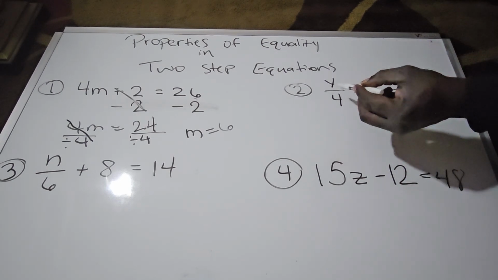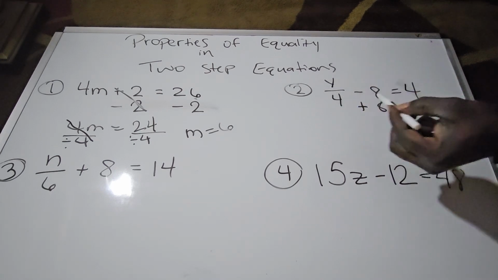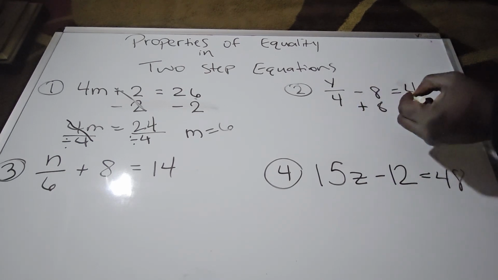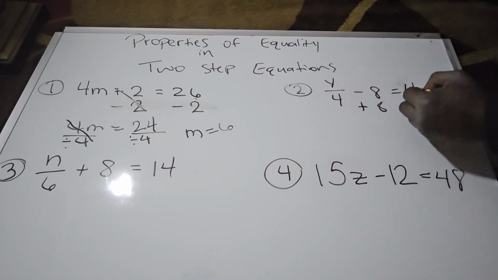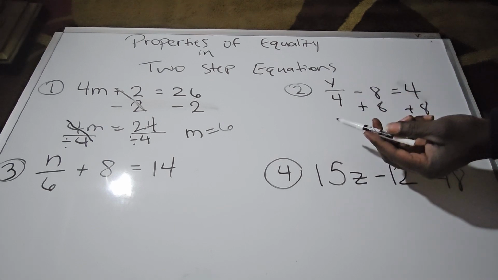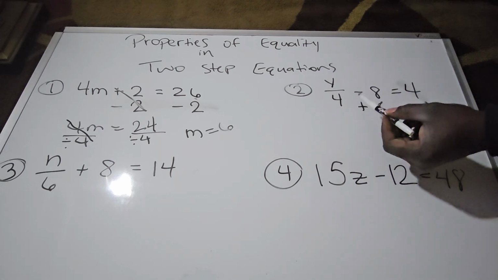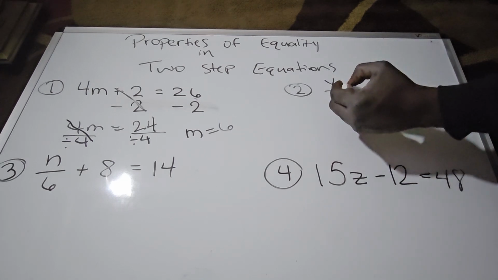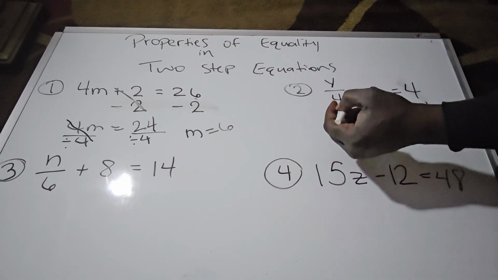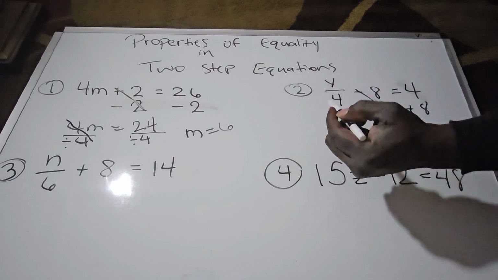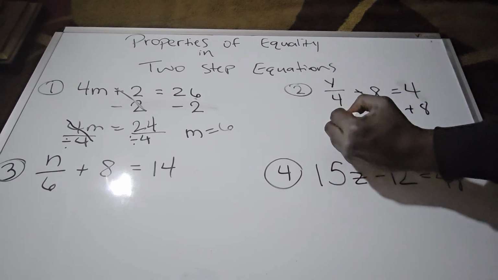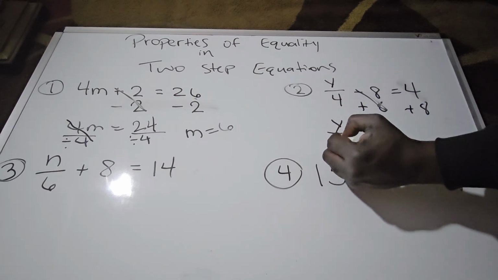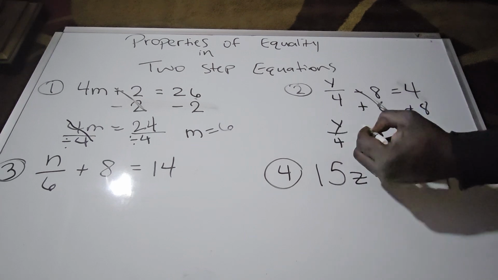Adding 8 here will get this all by itself. But since we're adding 8 here, we have to add 8 on the other side. Addition property of equality: you add on one side, you have to add on the other side. So we have minus 8, then positive 8. Those cancel out. Now we have our y over 4 by itself.